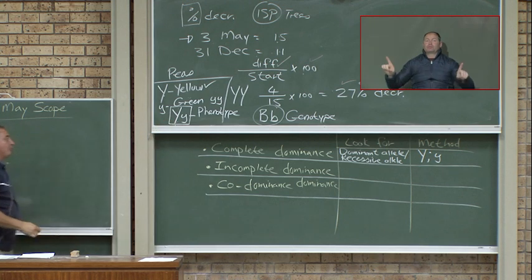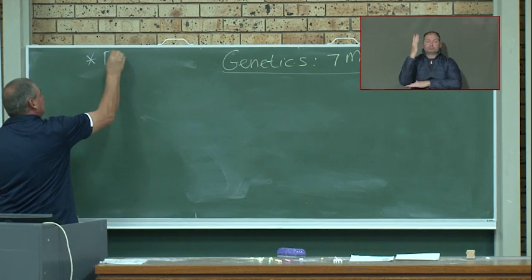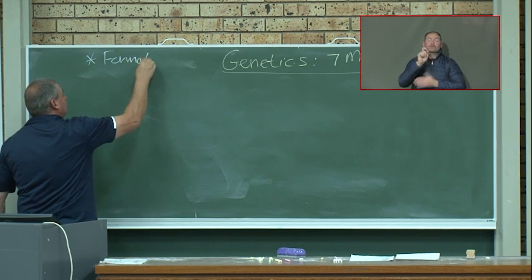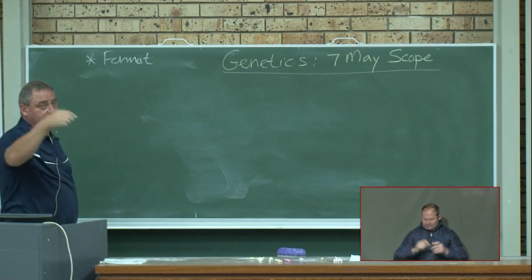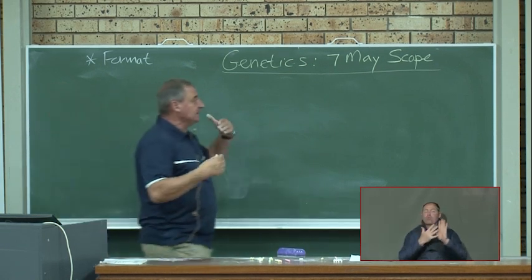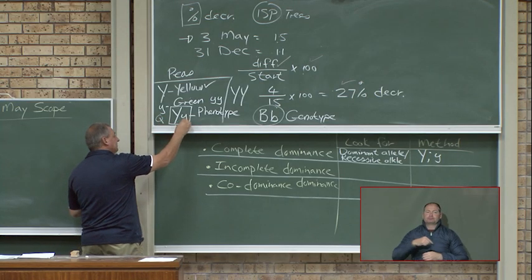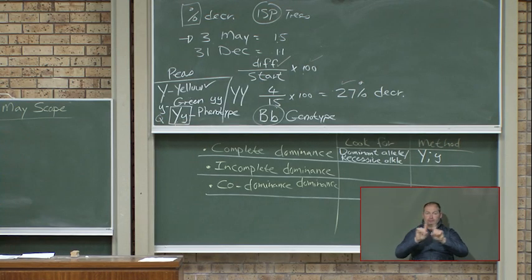There's a certain format which I've emphasized here at our Saturday program that you must use, please, on the 7th of May and also going towards the mid-year exams, September and November. You always use this format. Here's the question: we're now going to cross two of these individuals that are heterozygous as parents.